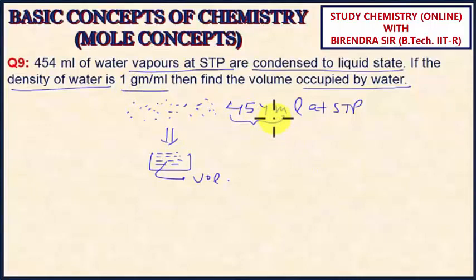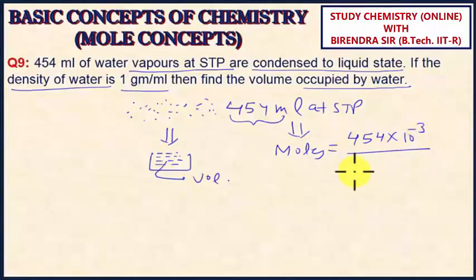So how will you convert this volume at STP into mass? First you convert this into moles. How will you convert this into moles? This volume should be divided with 22.7, and this way the value comes about 0.02.